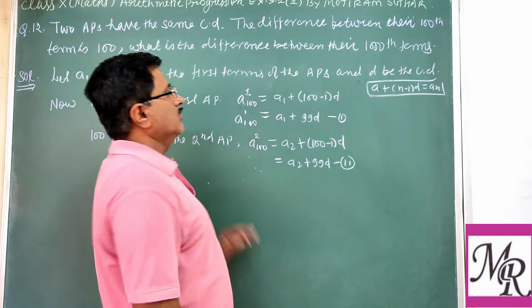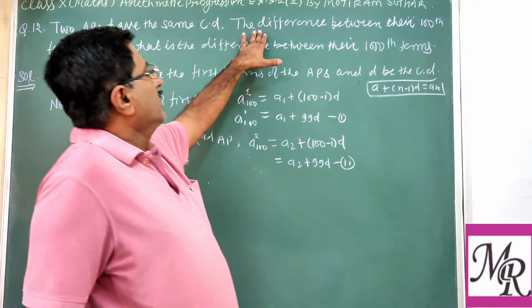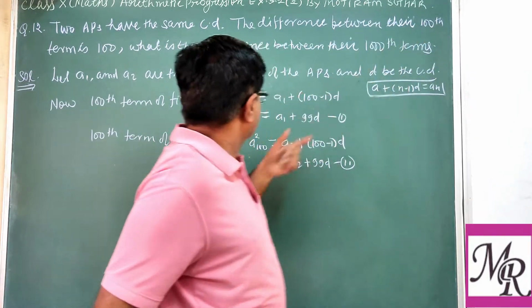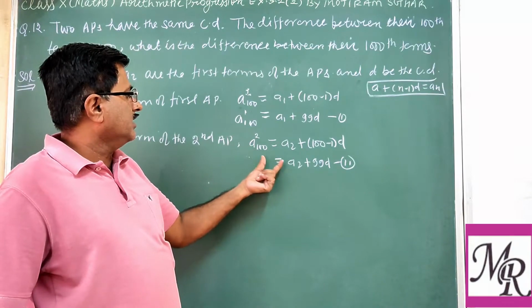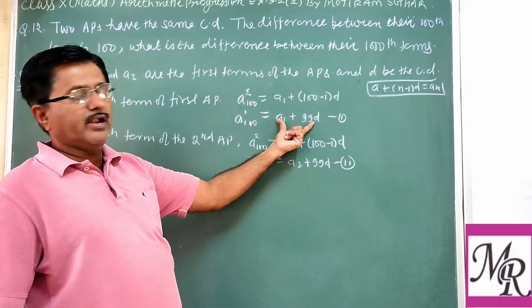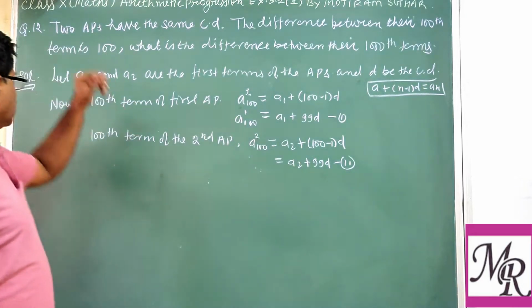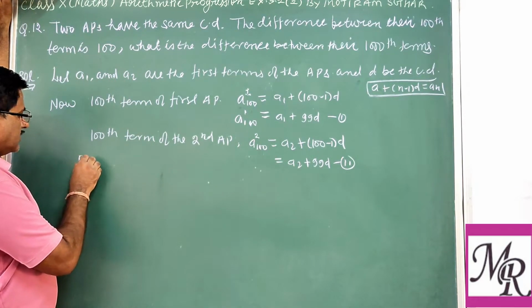Now by the given condition, the difference between their 100th terms. So these are the 100th term of the second AP, and this is the 100th term of the first AP. So their difference, you can write by the given condition.